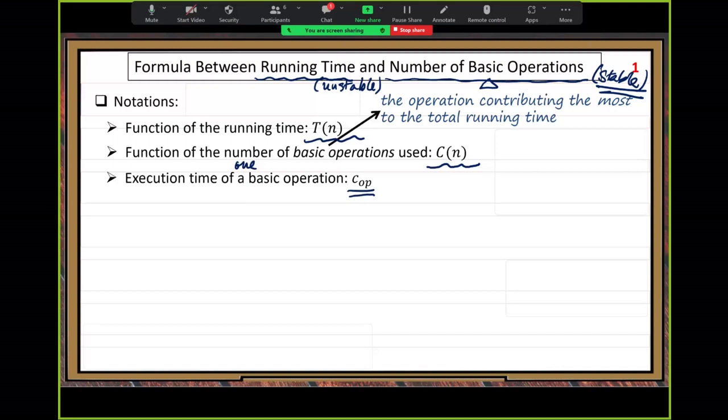We use this notation to represent the amount of execution time for one basic operation. For one particular computer, this number could be found. Here we do not need to provide an explicit number. There is just such a concept, and we use it for our discussion.